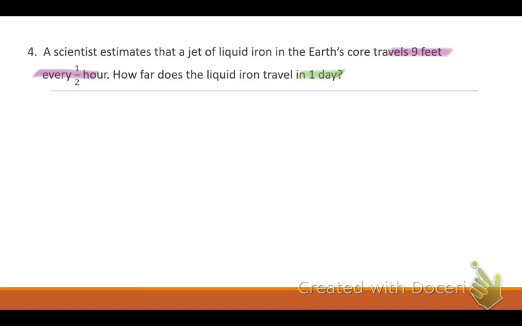Technically, the process is to divide the first quantity by the second quantity to find the unit rate. Well, that would mean to flip it. Doesn't that make sense? Think about it, guys. If it's going 9 feet in a half an hour, it's going to go 18 feet in an hour, right?